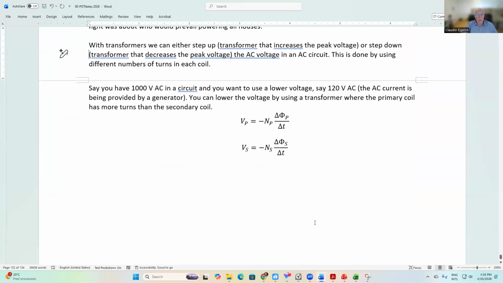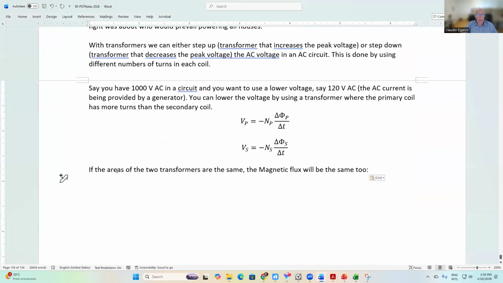So, if the areas of the transformers are the same, the magnetic flux will be the same too. If the magnetic flux is the same, so will be the change in the magnetic flux.